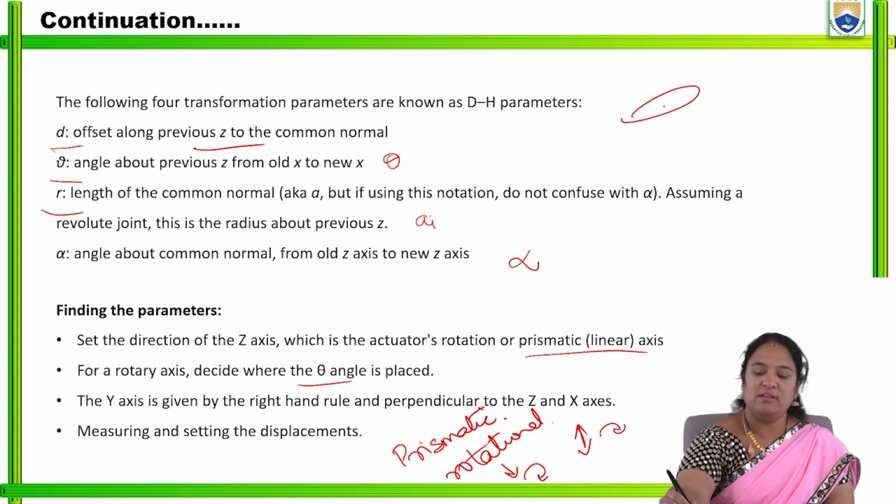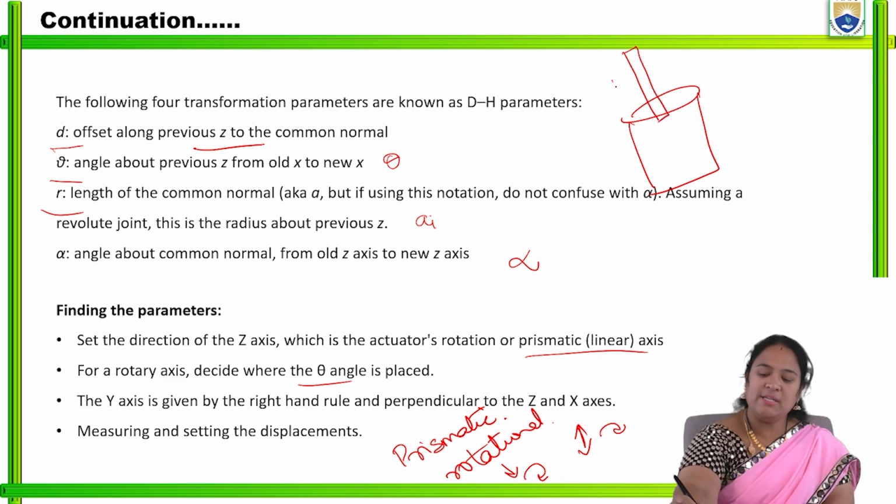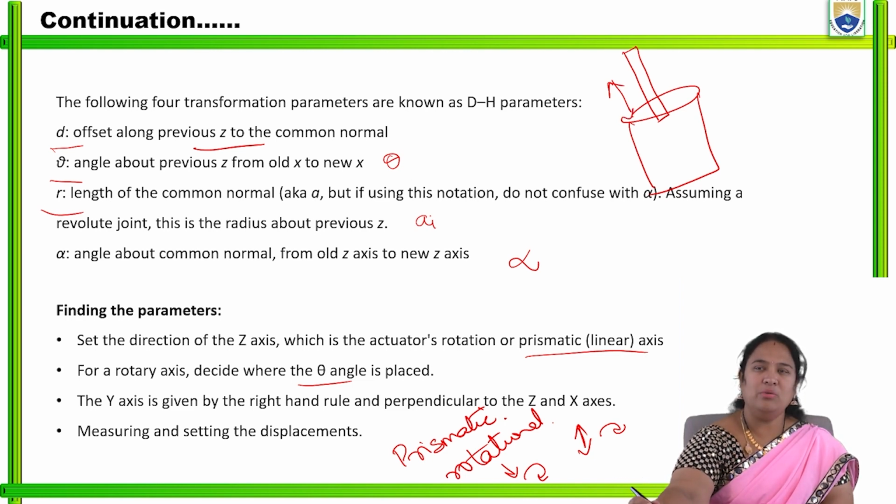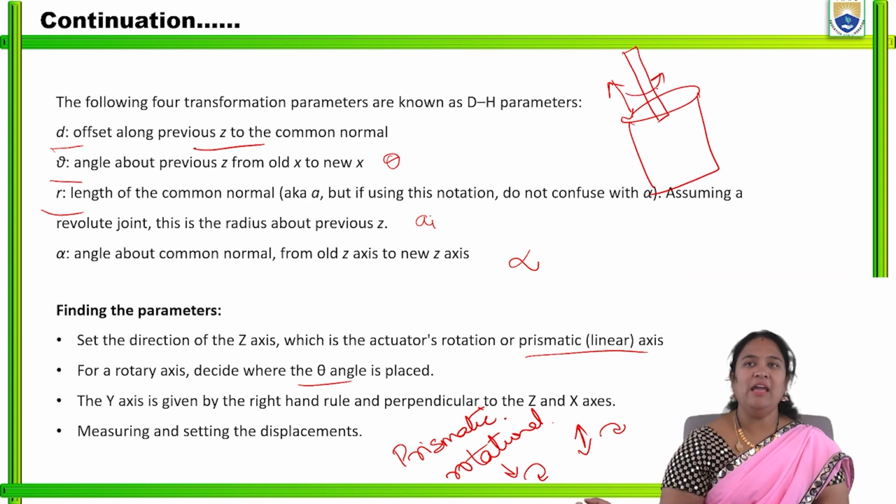For example, we have a cylinder and here we have some robot link placed. In the prismatic direction, this particular link will be moving up and down along the axis, whereas this will be moving only in the rotational direction. That is known as the prismatic and rotational axis.